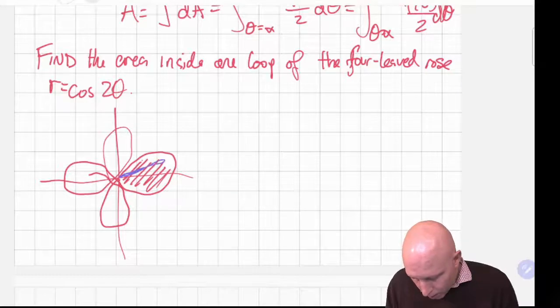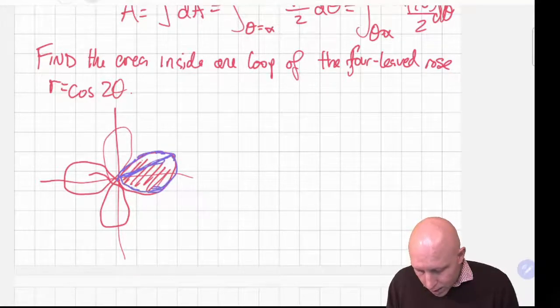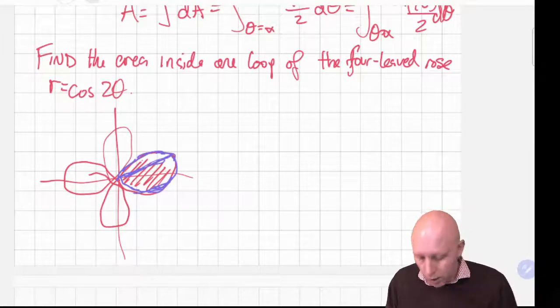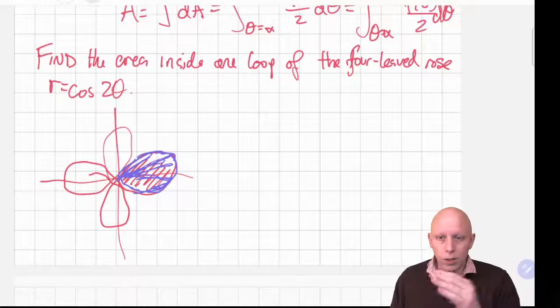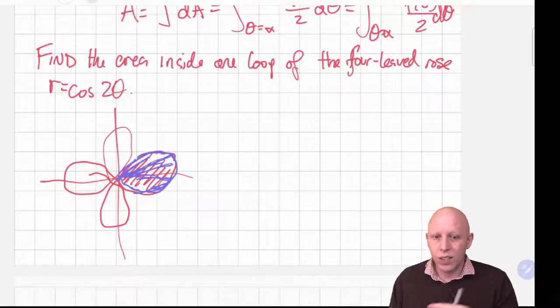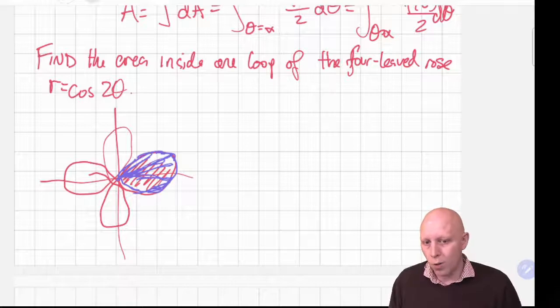We are looking for the area underneath this curve, and so we'll need to figure out the bounds on our theta, so that we can put it into our equation and solve for it.